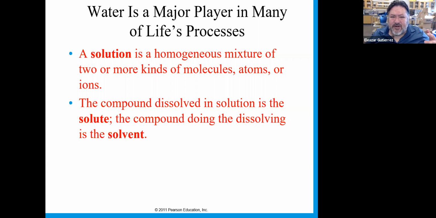So everything that we're doing can be 5, 6, 7, 8, 20 different chemical reactions in a row. And if we did not have a good solvent like water that can dissolve a great amount of solute in a very small volume, our cells would not be able to carry out these chemical reactions. So water being a powerful solvent is very, very essential to the chemical reactions that are taking place in our body.